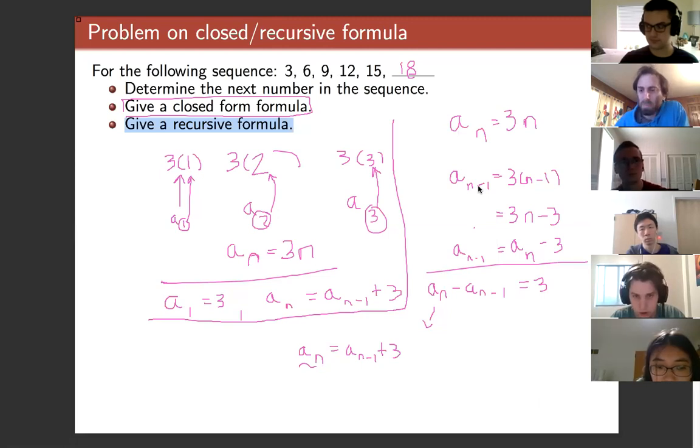If you just know the recursive form, it might be difficult, depending on the situation, to get back to the closed form. And then the other question is, will all problems given have both a recursive and a closed formula, or is it possible it won't have a valid formula of each type? I think there are sequences that don't have a recursive formula that are just defined with a closed form.